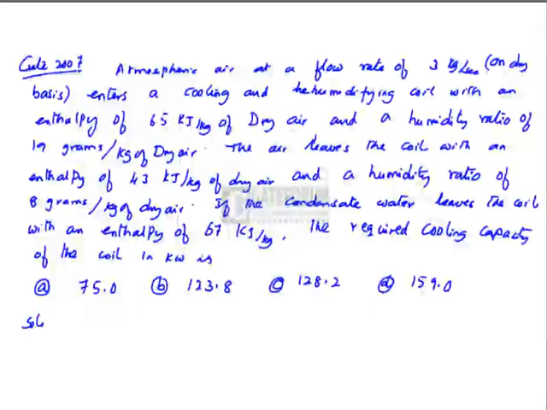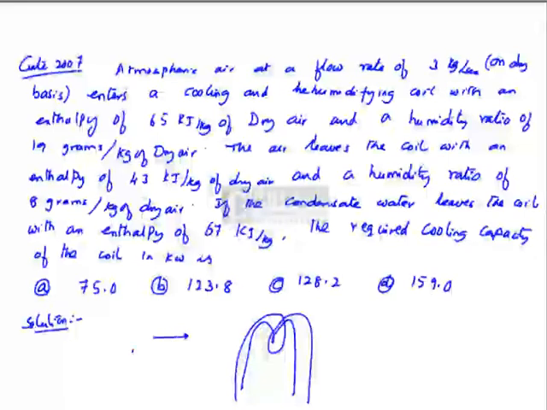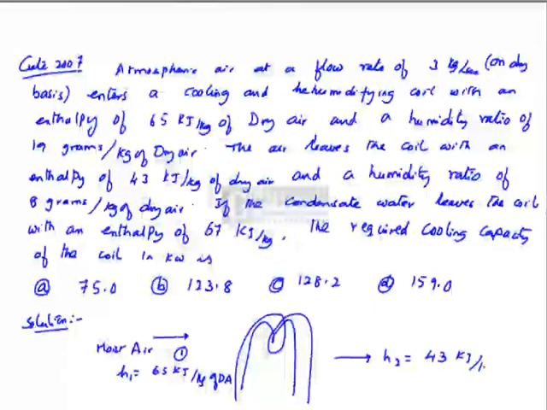The solution to this problem could be given like this. There is a dehumidifying coil. Air is entering, moist air at state 1, where the enthalpy H1 is 65 kilojoule per kg of dry air, and leaving enthalpy H2 is 43 kilojoules per kg of dry air. This is the dehumidifying coil or AC coil.